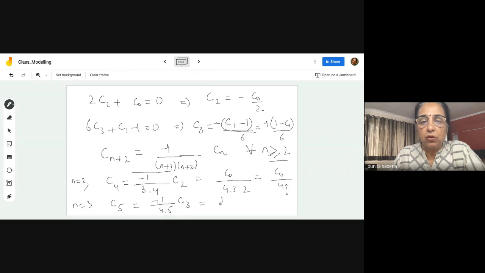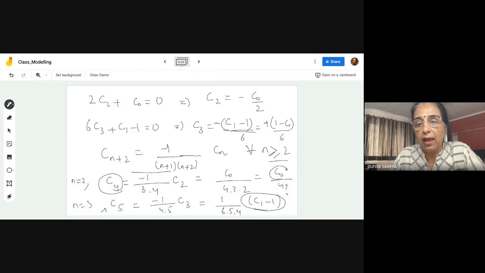So it's going to be 1 upon 6 into 5 into 4 into C1 minus 1. So that means all your odd terms will have C1 minus 1 and all your even terms will have C0. Will you be able to complete it now?